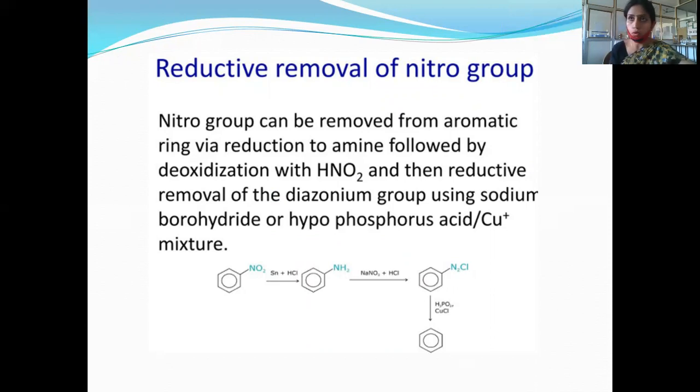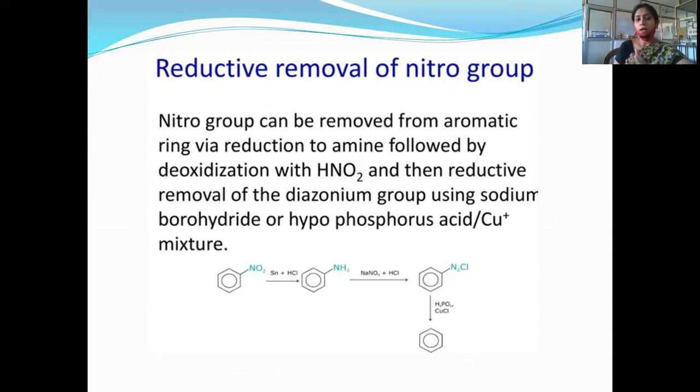Once we convert the NO2 to the NH2 using stannous chloride or Sn/HCl, this NH2 group can be converted to the diazonium salt N2Cl using the NaNO2/HCl mixture. Then when this is heated in the presence of phosphoric acid and cuprous chloride, the nitrogen N2 will escape, and the chlorine will also get removed, and we get benzene. So the nitro group can be removed also.